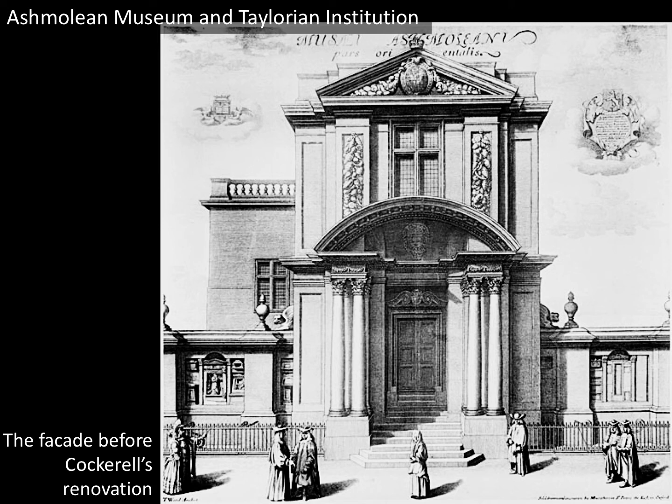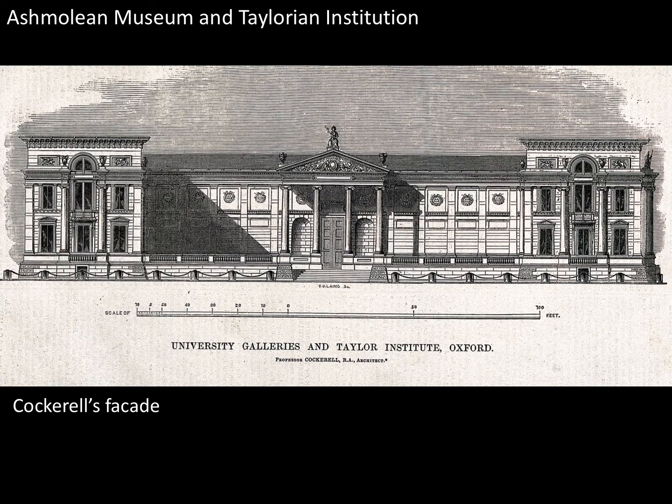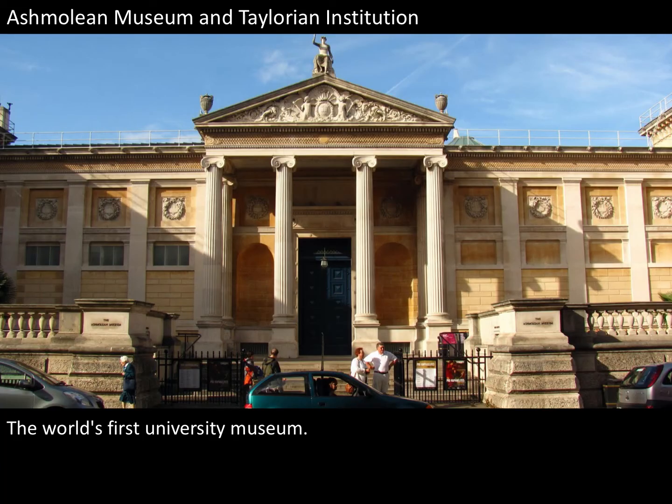This is the original facade of the building, built in 1685, and this is the new facade to the building, built in the 1840s. Taking a look at the main entrance to the building, you see how it feels very Greek.